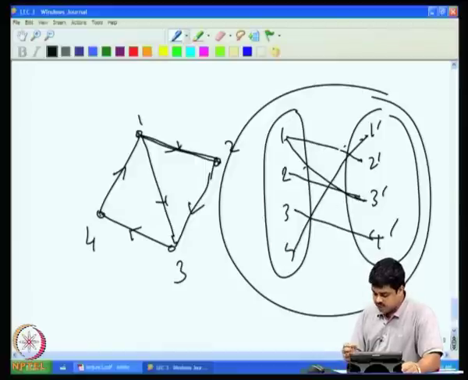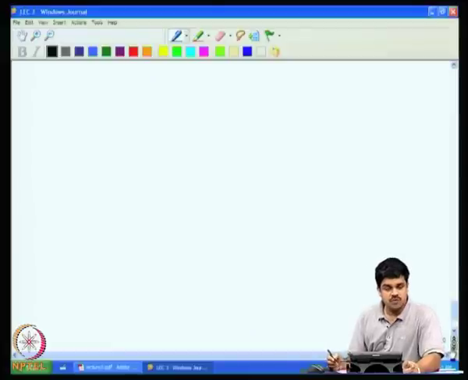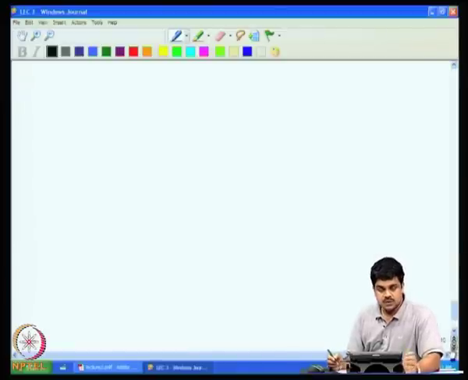Now, why did we explain all these things? Because our plan was to make a statement about the existence of a cycle cover in a graph, and we are going to prove it using Hall's theorem. Hall's theorem is about bipartite graphs, and it is about perfect matching.